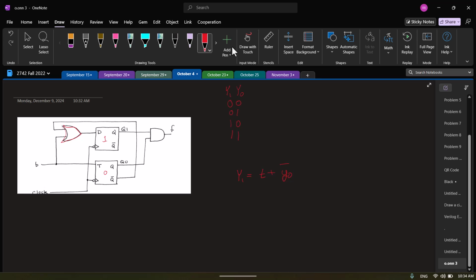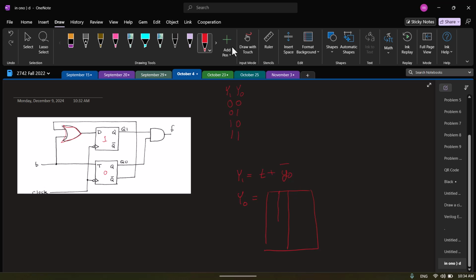Okay, so what does y0 equal? Well, let's see, it's a T flip-flop. So I'll start by writing it like this. I don't actually know what the expression is for a T flip-flop. I should, but I don't.